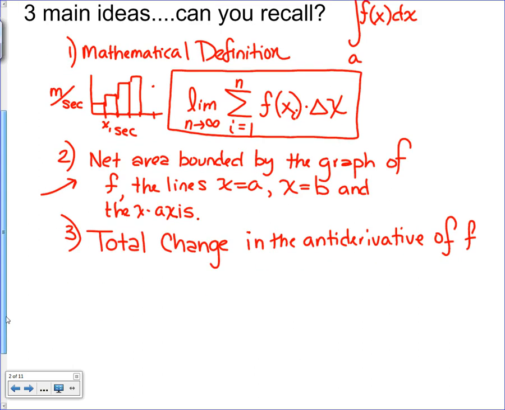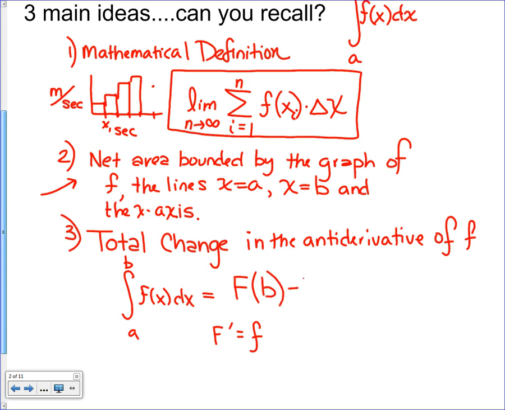So the integral of little f of x dx from a to b represents capital F of b minus capital F of a, where capital F is the antiderivative of little f. So if we differentiated capital F, we'd get little f. It's the fundamental theorem. So three understandings we currently have of what an integral means.